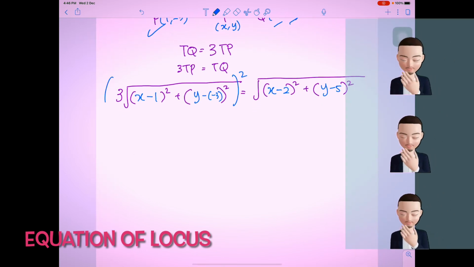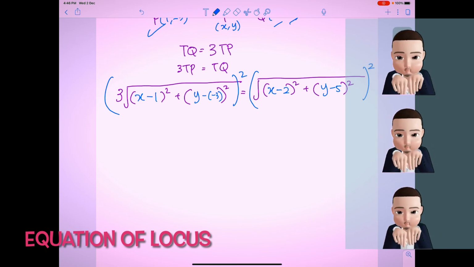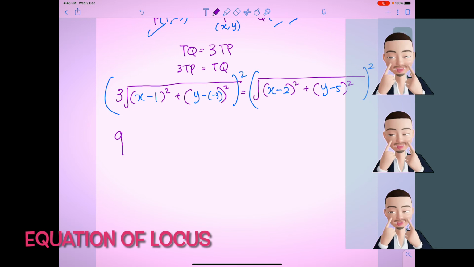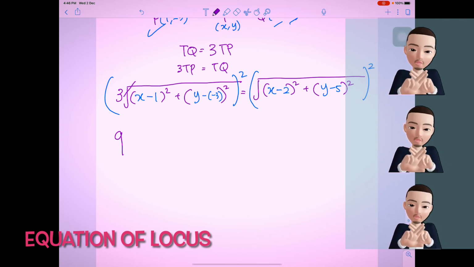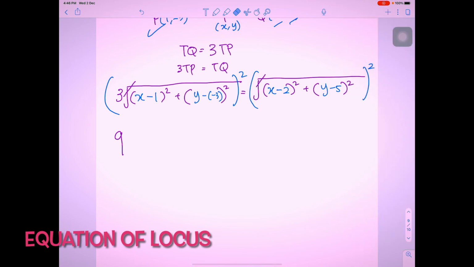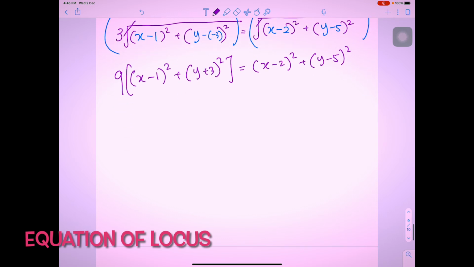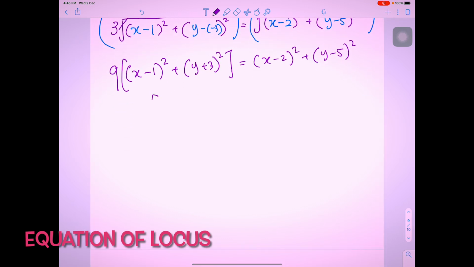Okay, we square both sides, so what do we get? 3 squared equals 9, and the square roots cancel. So we get 9 times the big bracket (x minus 1) squared plus (y plus 3) squared, equals (x minus 2) squared plus (y minus 5) squared, with the big bracket like this on both sides.